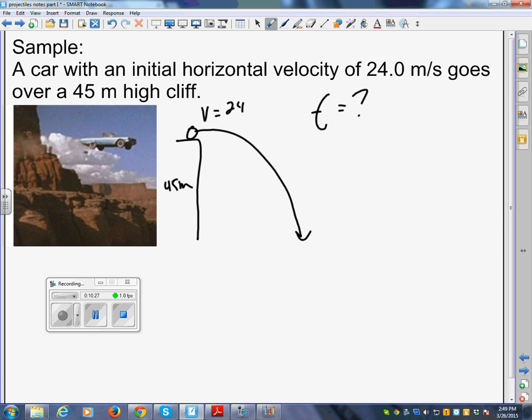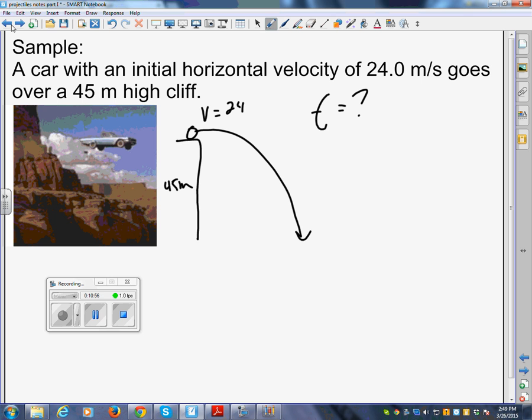I might also ask how long it takes to fall, and how far away. If you're doing a CSI crime or accident reconstruction, you would likely measure how far, and that would tell you how fast you were going, whether or not you tried to brake before you went off the cliff.